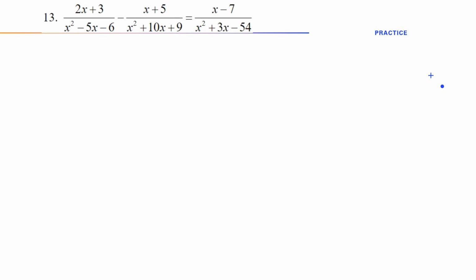Now number 13, we do the same. 2x plus 3 over x minus 6, x plus 1, minus x plus 5.